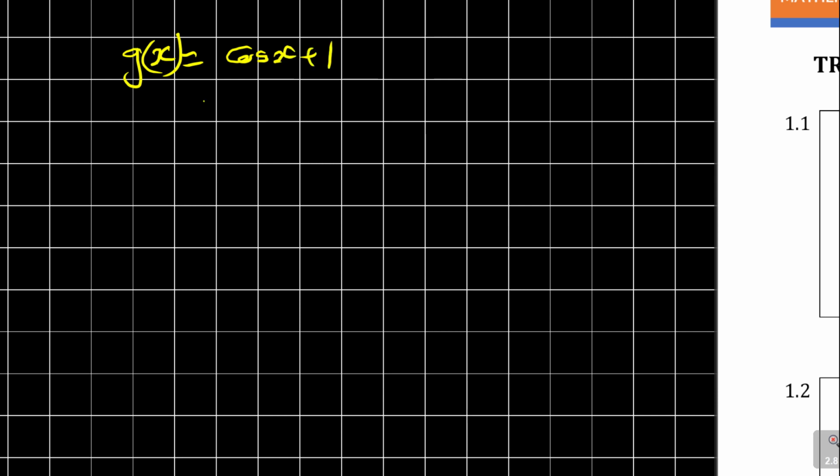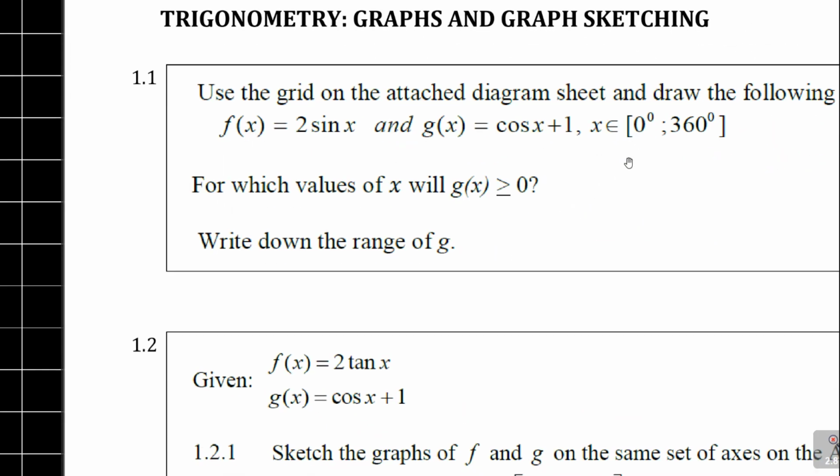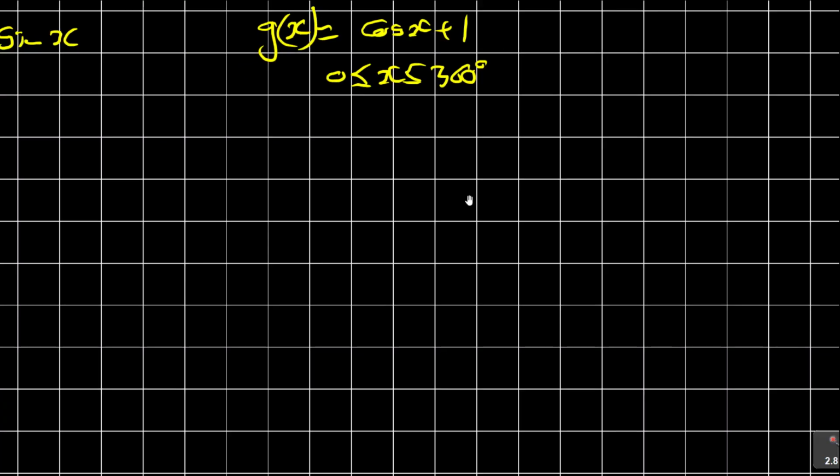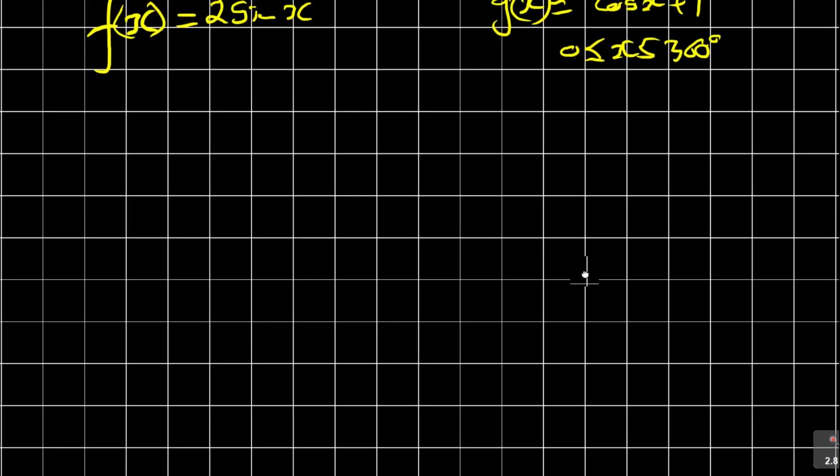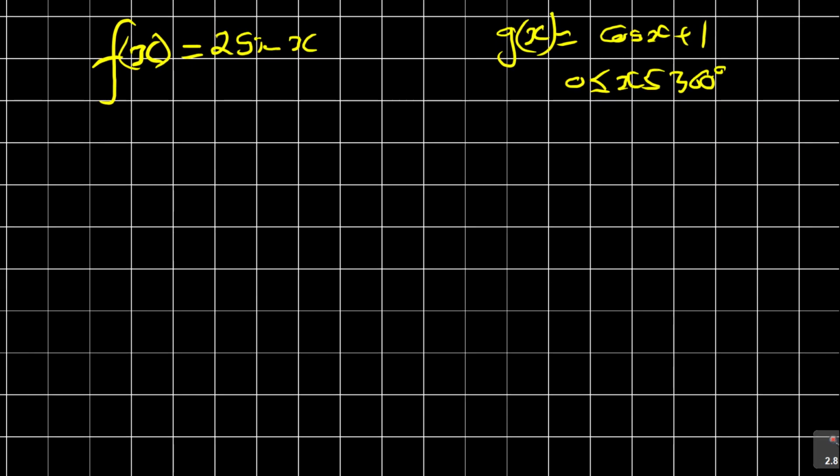And then they told us between 0 is less than or equal to x is less than or equal to 360 degrees. So when I'm drawing this, you don't have to stress. Your calculator is the guy to go to here. You already have your Cartesian plane.